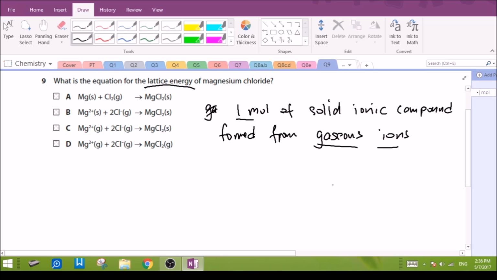So in terms of magnesium chloride, we will have 1 mole of magnesium chloride in solid form, and we need to have its constituent ions: magnesium ion in a gaseous form, and then chloride ions, 2 of them in their gaseous form. Gaseous ions forming solid ionic compound. So that corresponds to C.